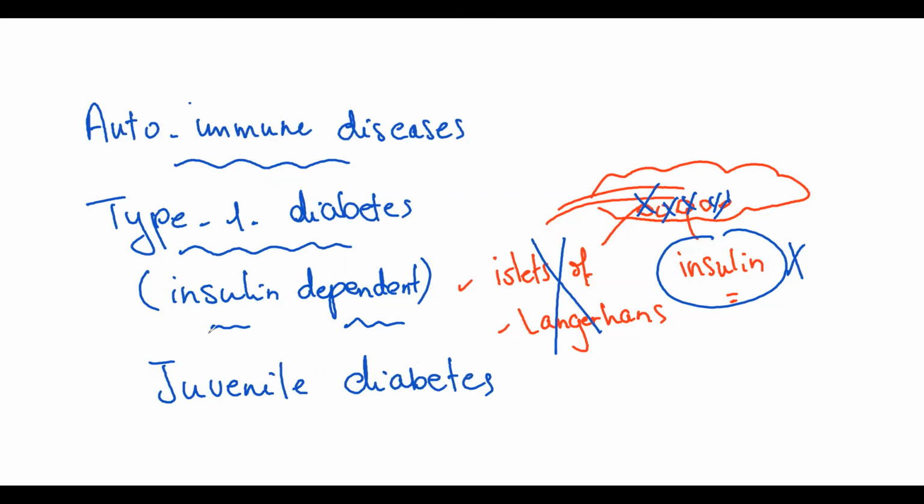Always, when it happens in children, these children must have an injection of insulin for life in the morning and sometimes morning and night according to the condition. And of course, these patients are not only receiving insulin injections, they have to take good care of their diet.